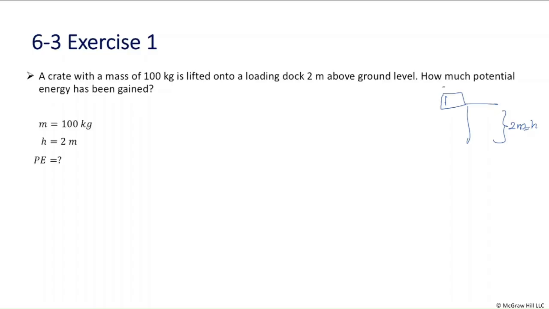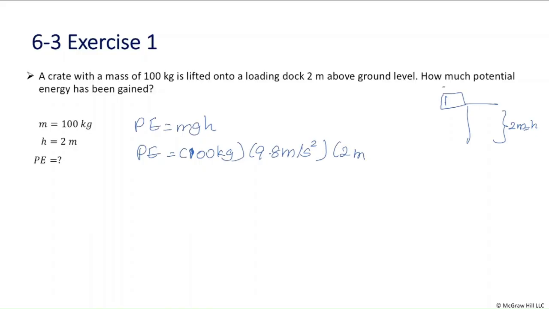Now we know mass is 100 kg and height is 2 meters, right? So what is potential energy then? Potential energy is mgh. Here m is the mass of the crate, which is 100 kg, g is gravitational acceleration, which is 9.8 meters per second squared, and h is 2 meters.